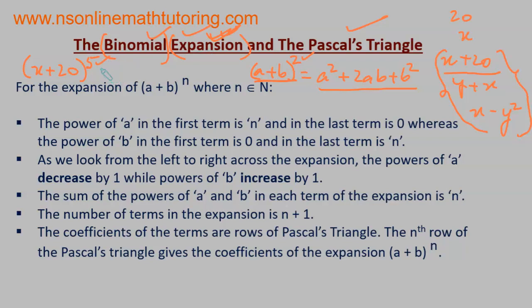Now coming to the Pascal's triangle, the significance of this triangle. Before going to the Pascal's triangle, let me say what are the coefficients of these three terms: a square plus 2ab plus b square. Obviously, the coefficient of a square is 1, the coefficient of ab is 2, and the coefficient of b square is 1.